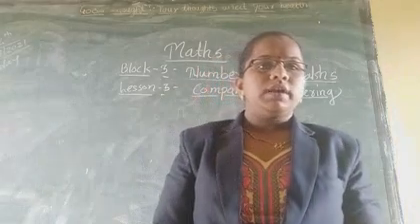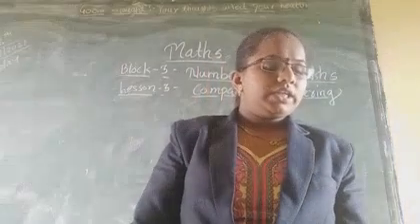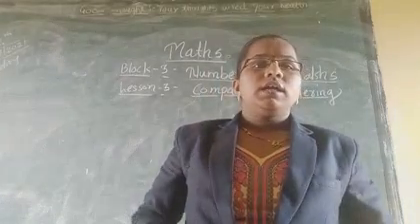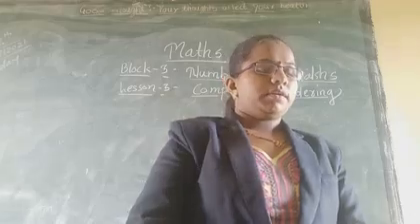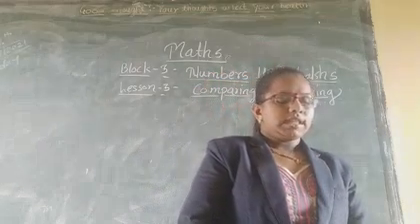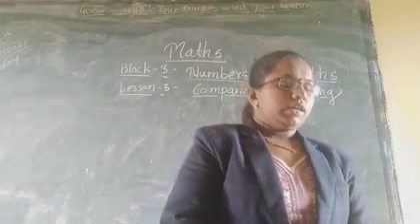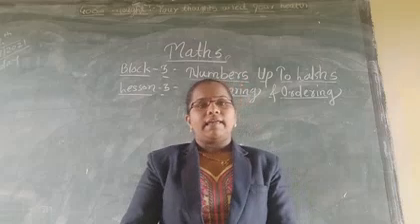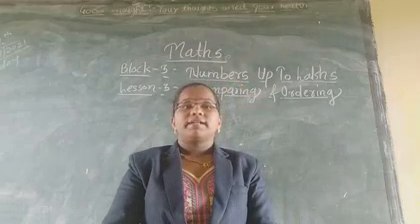Students, in the previous lecture we studied lesson number 2 in block number 3 in the subject maths. In the second lesson we studied the ten thousands and lakhs with the help of the abacus method.